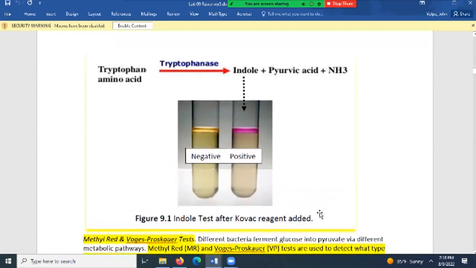And here we see tryptophan with the enzyme tryptophanase will create indole, which when you add Kovacs reagent will be a red color. In this photograph, for some reason, it is more of a purple color, but a negative is a yellowish color, no red in it.